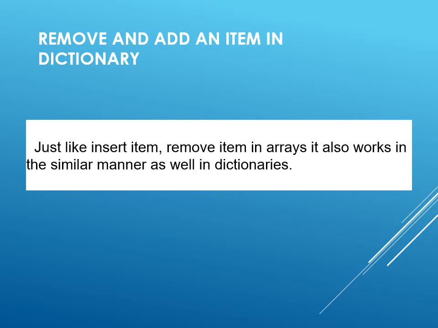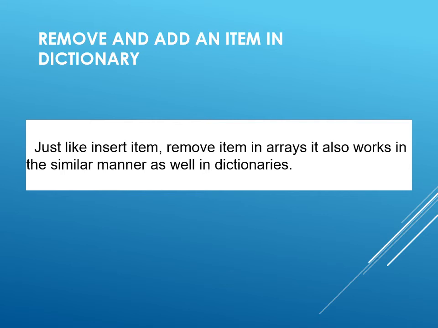We can insert item by using the insert method, and we can remove item by using this remove item method, but we have to specify the key, that on which key we are removing the element or on which key we are inserting.